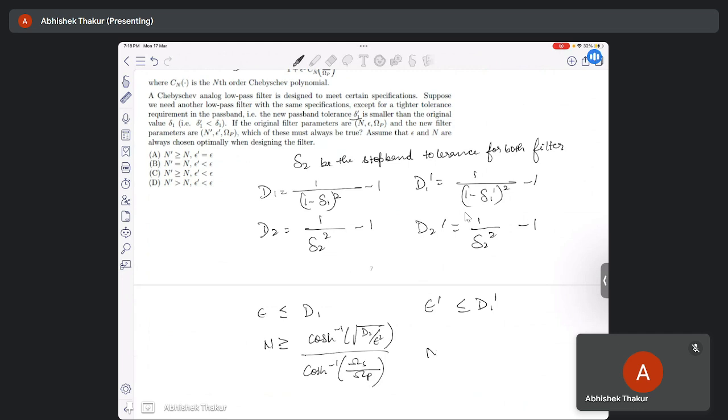And here n prime is greater than or equal to cosh inverse of square root of d2 prime by epsilon prime square, divided by cosh inverse of omega s by omega p.